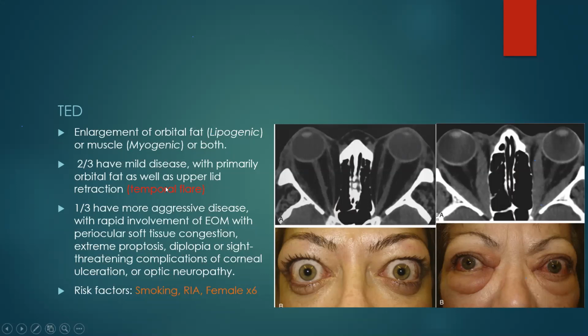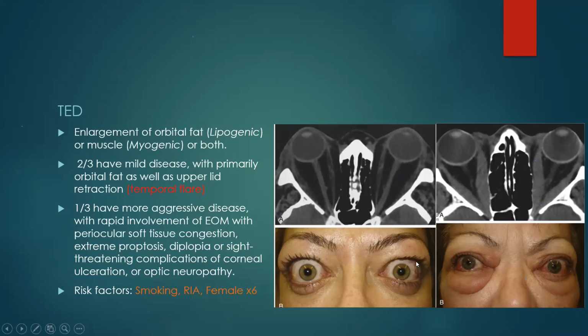Two-thirds of the cases, they have mild condition with orbital fat expansion, as well as upper lid retraction, and specifically temporal flare. As you can see here, the temporal part of it is flaring up.